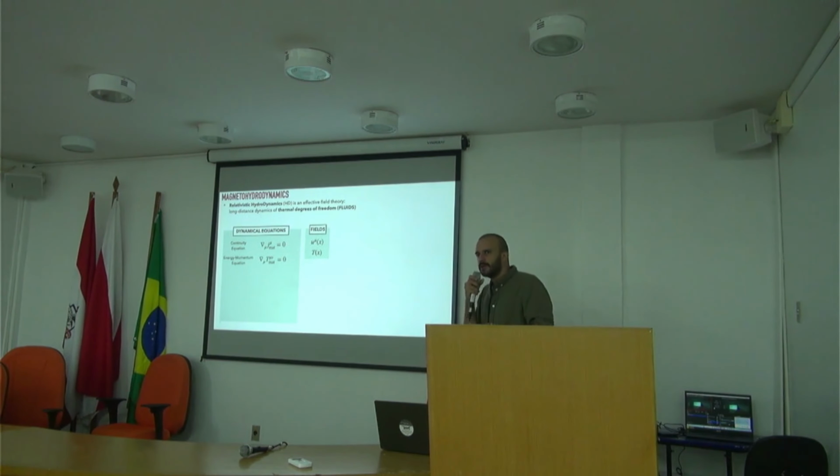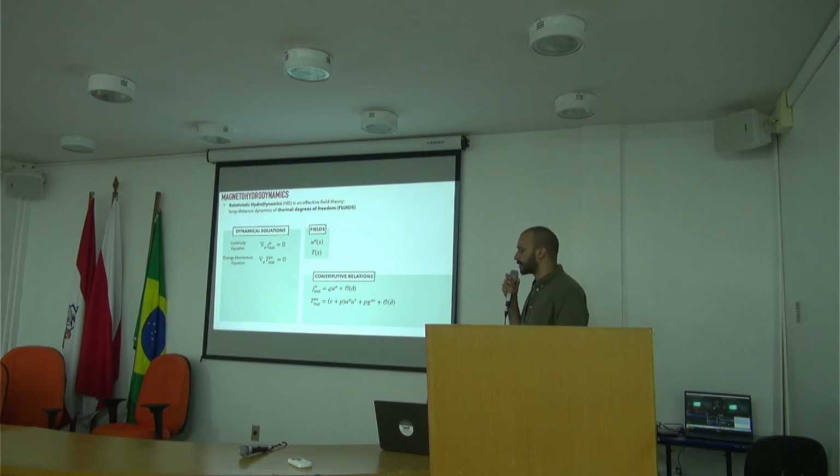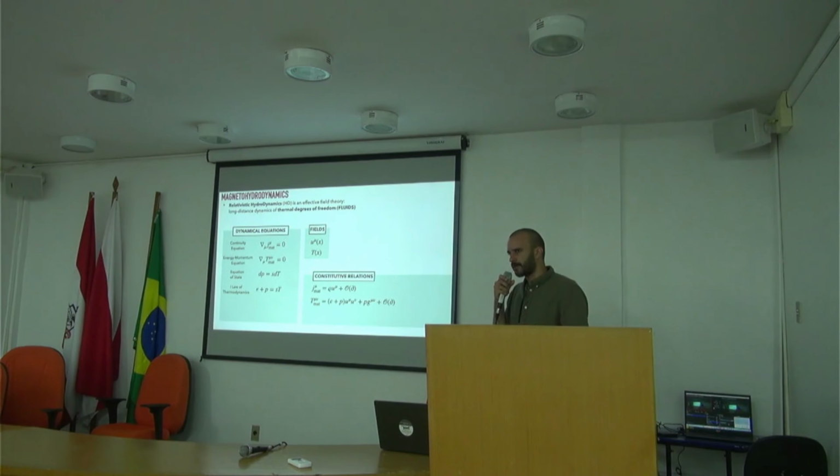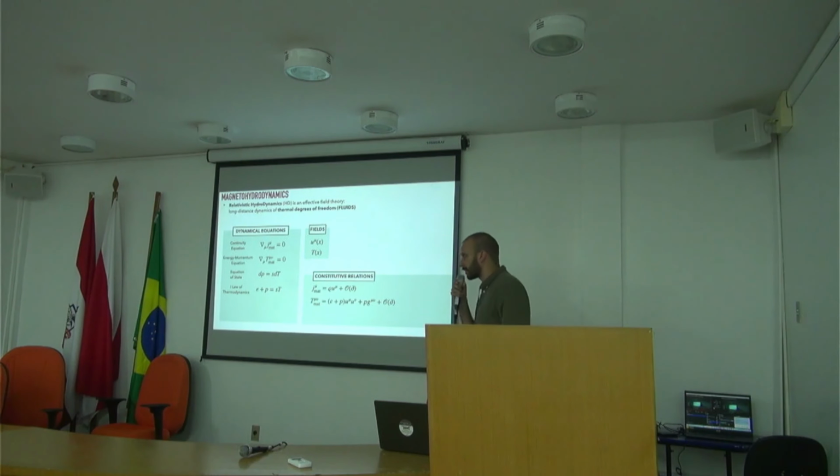And then we have to decide how the two conserved currents will relate to these fields. This is the content of the constitutive relations, which in the field theoretical sense can be interpreted as the leading order term of a derivative expansion, of an effective field theory derivative expansion. Actually, in order to close the system, we need to add thermodynamics. So we need an equation of state telling us how the pressure behaves in terms of the temperature, because these are thermal degrees of freedom.